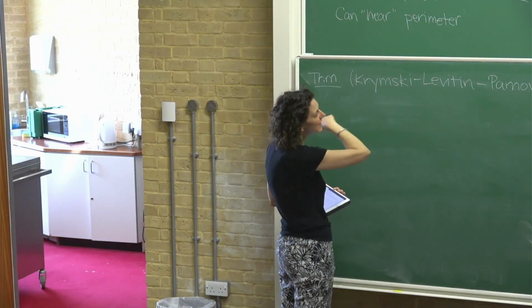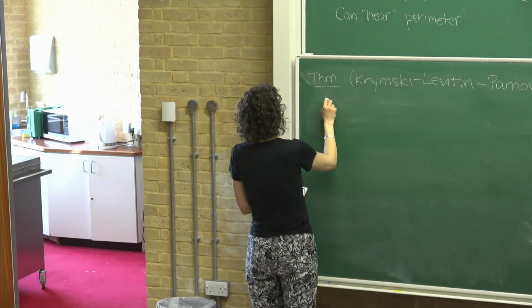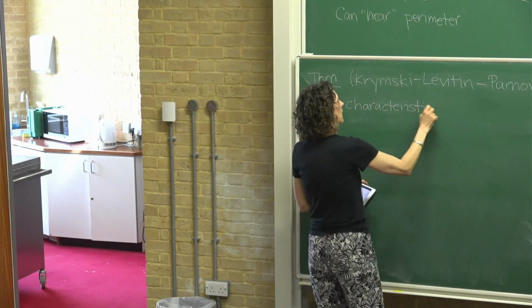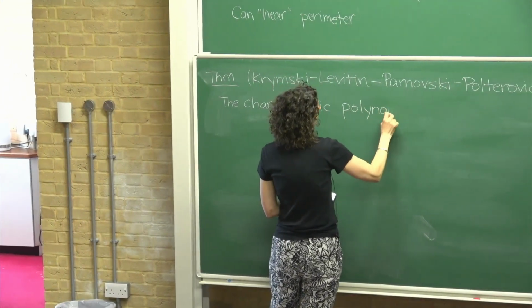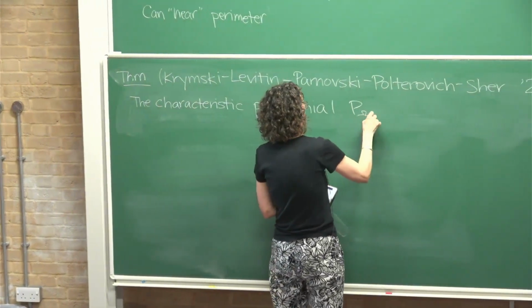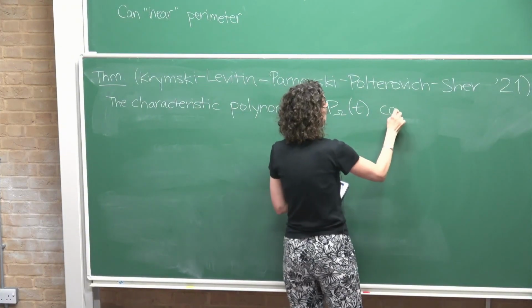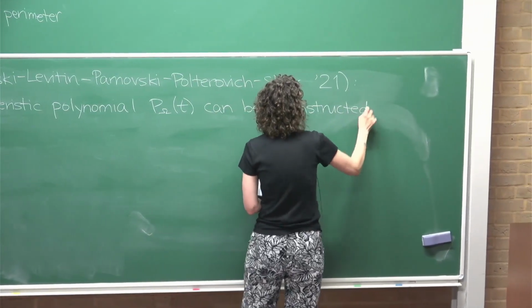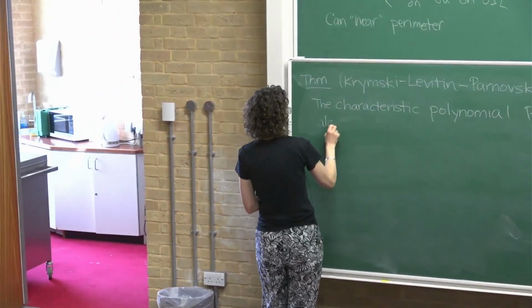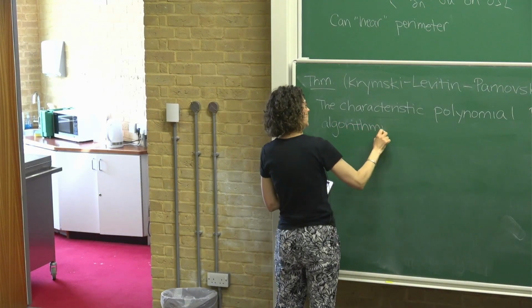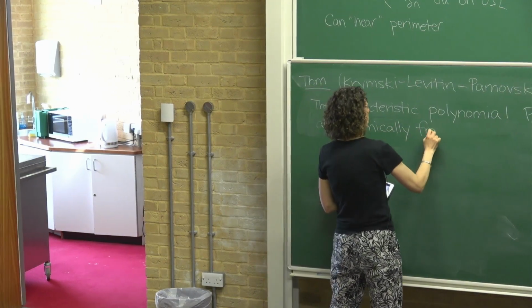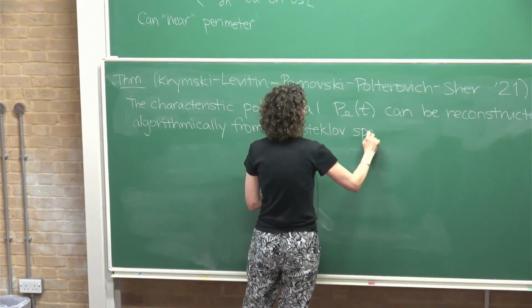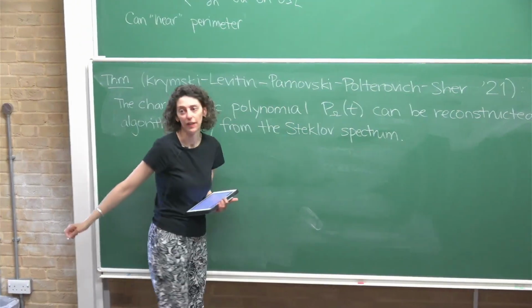So in 2021, they showed that the characteristic polynomial P omega of t can be reconstructed algorithmically from the Steklov spectrum.